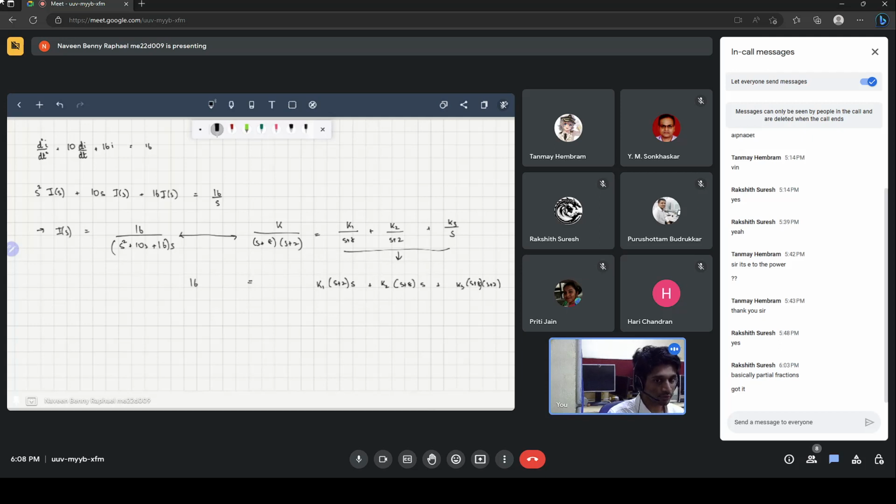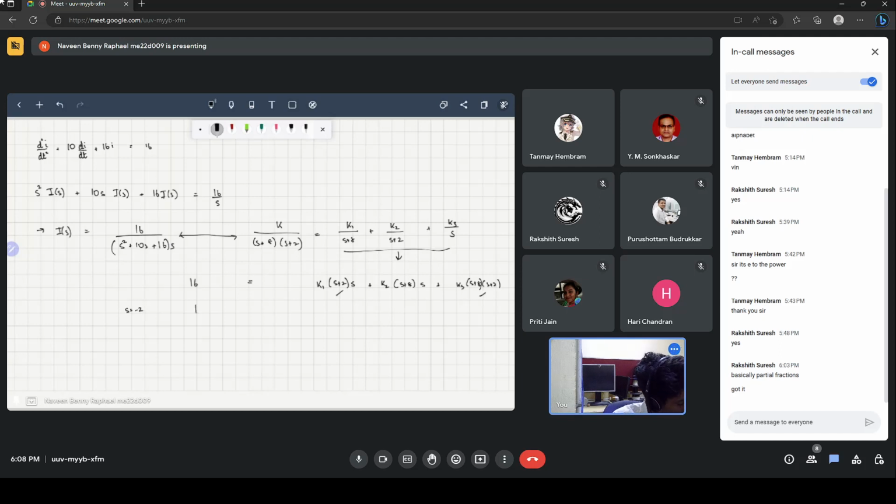Now, one of the easier ways to solve this is, because we know this function is true for any value of s, we can generate equations by taking specific values of s. So if I take s equal to minus 2, this term disappears and this term disappears.